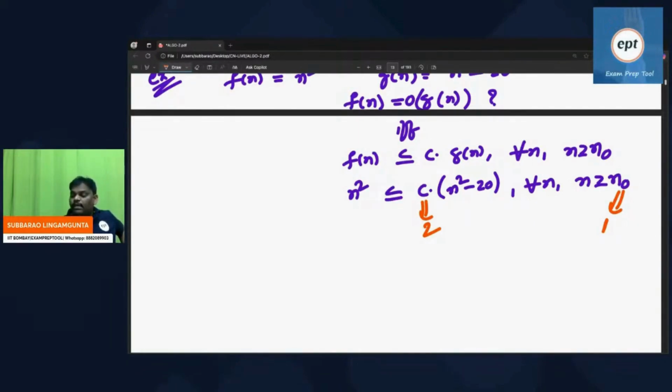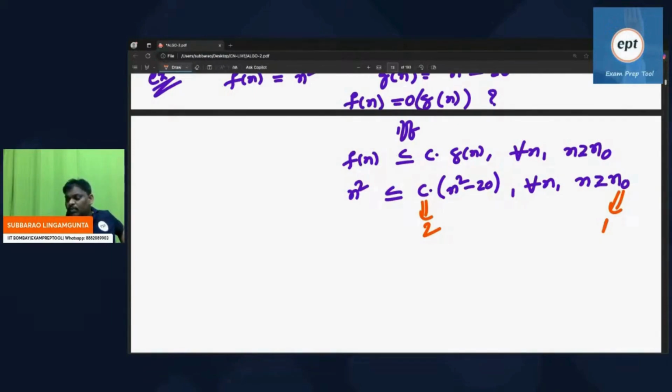But the problem is with n value 5, left side is 25 and right side is only 5, so the condition fails. n value 6, left 36, right 36 minus 20 which is 16, so fail. Remember, we have to take care from which place this relation holds good.